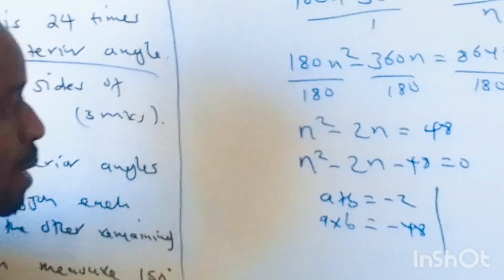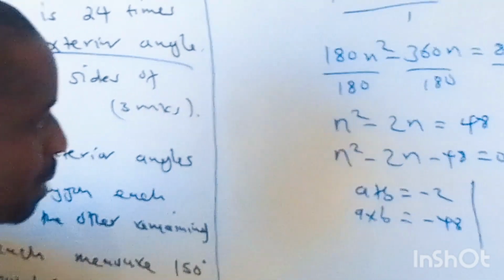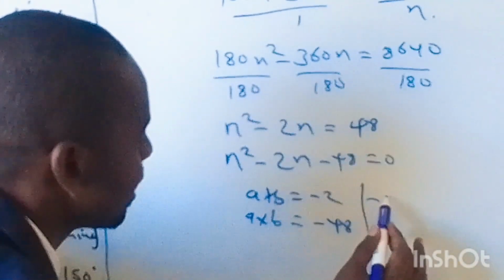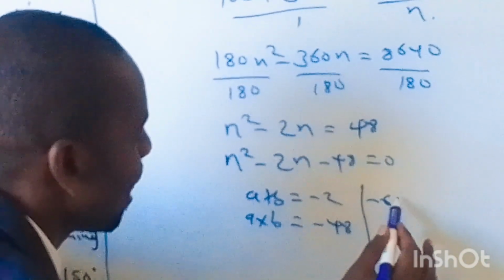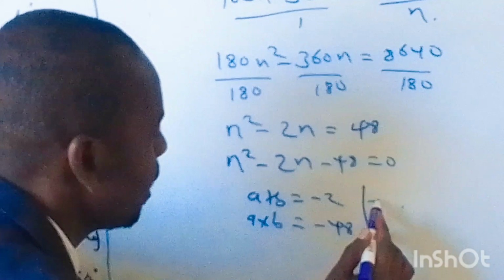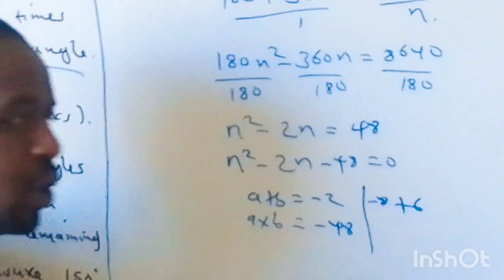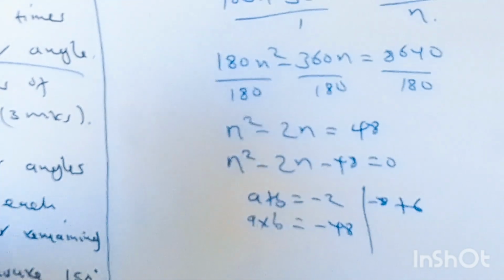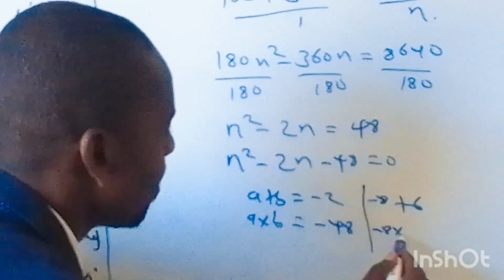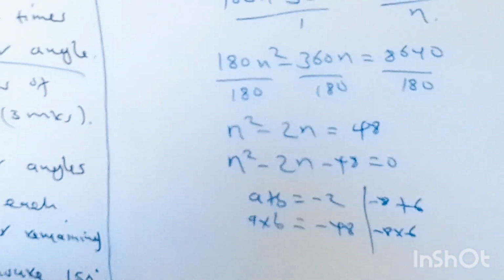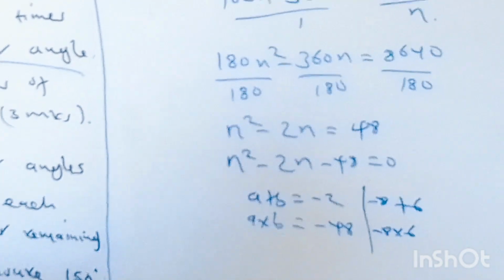Then you look for the two numbers. -8 plus 6 gives us -2, and the same -8 multiplied by 6 gives us -48. So -8 and 6 are the numbers that we need.